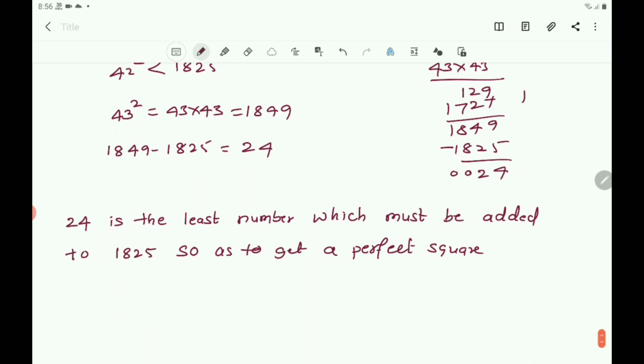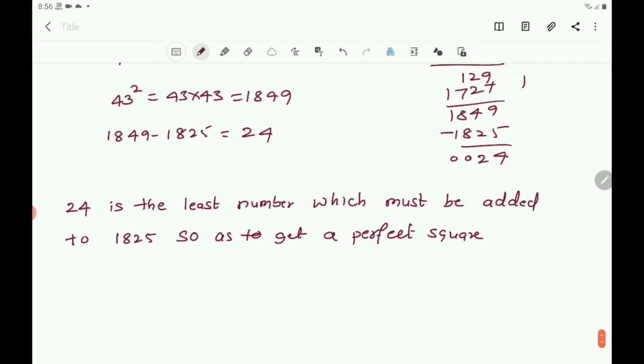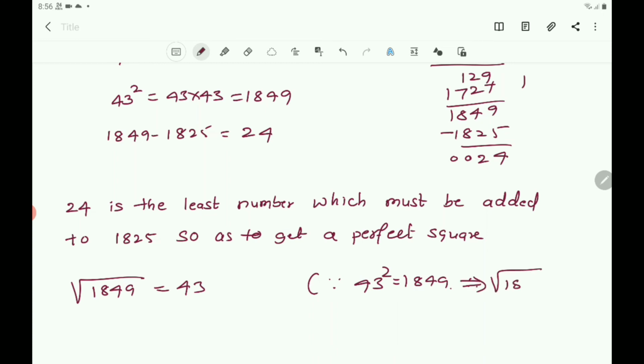And you know that 43 square is 1849. So square root of 1849 is 43, because 43 square equals 1849. Therefore, square root of 1849 equals 43.